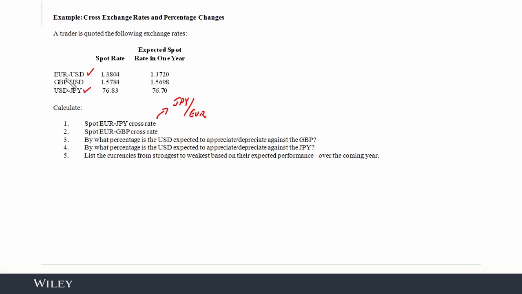Now this spot rate, the Euro USD spot rate, refers to the price of the Euro in terms of USD. So you have USD per Euro, and the other exchange rate quote which is relevant to this calculation is the USDJPY. In this exchange rate quote, the US dollar is the base currency while the yen is the price currency.